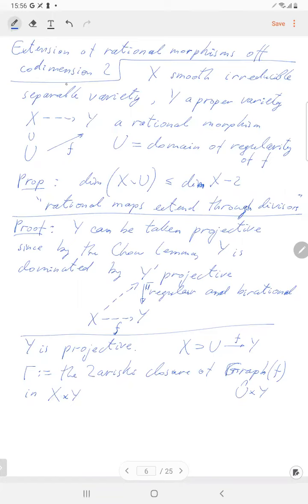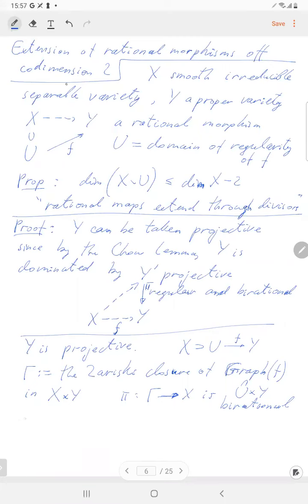Okay, so now we know that the projection pi from gamma to X is birational, since it is isomorphic over U, right? And if this projection were an isomorphism, then we would be in business, right? But unfortunately, it's not necessarily an isomorphism. So it may have some big fibers. So we have to estimate this bad set of big fibers.